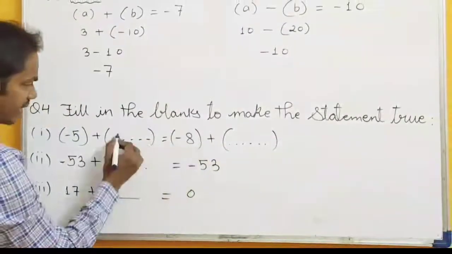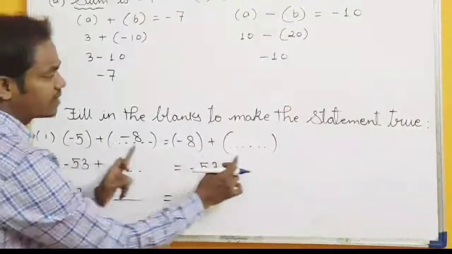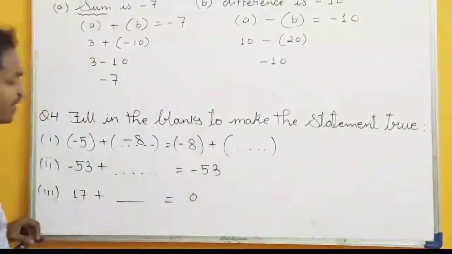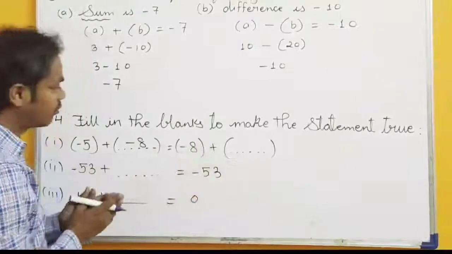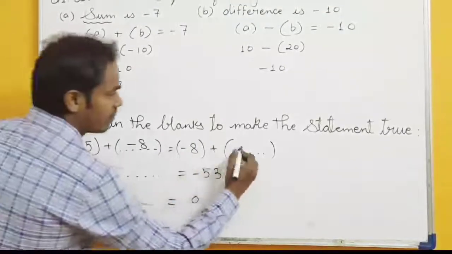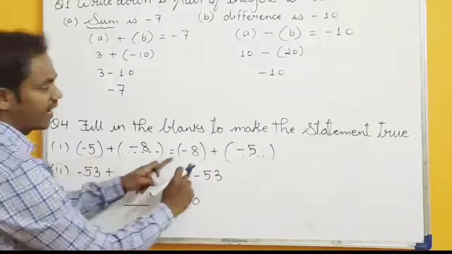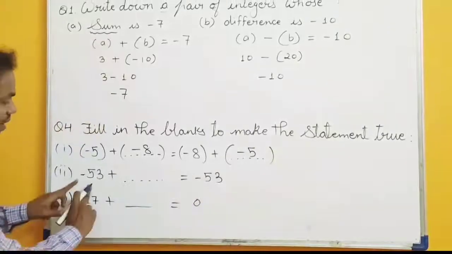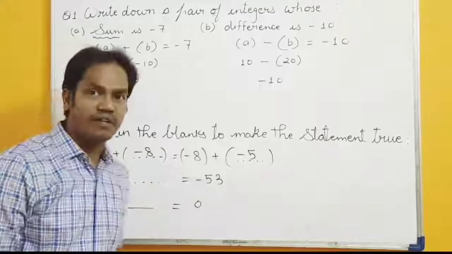So this minus 8 I can write here. So left hand side is equal to your right hand side. LHS is equal to RHS. You have to make both the side equal. So what is missing here? Minus 5. Here minus 5 plus minus 8 and minus 8 plus minus 5. This is your answer.